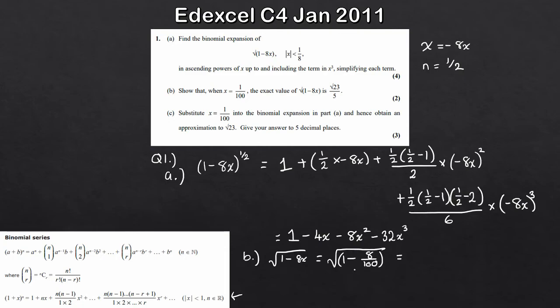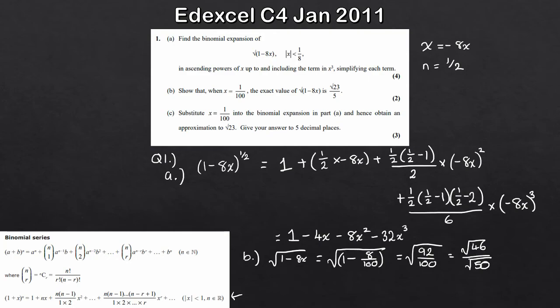Simplifying this bracket then, so this is 100 over 100 minus 8 over 100, so I get the square root of 92 over 100. And then at this stage here, we're just doing some basically GCSE maths third work, simplifying this at each stage. So this is the square root of 46 over the square root of 50. You can write all as one square root if you prefer. But the reason I'm splitting it up here is because in a moment we can simplify this again.